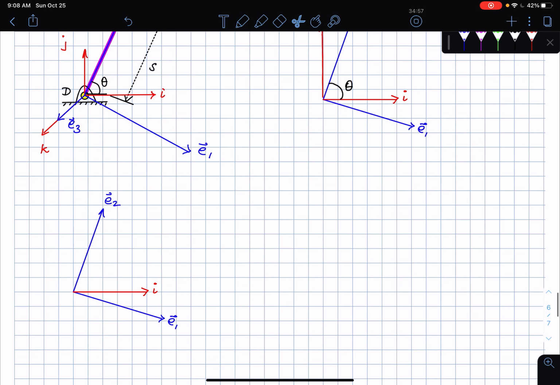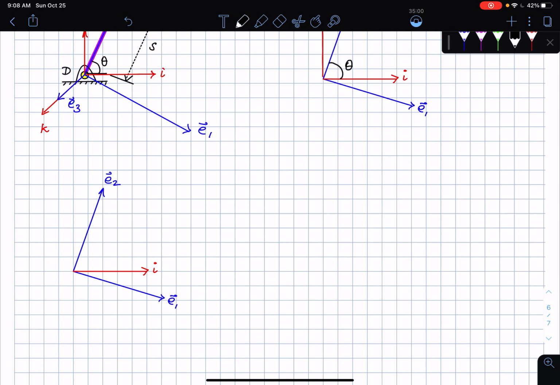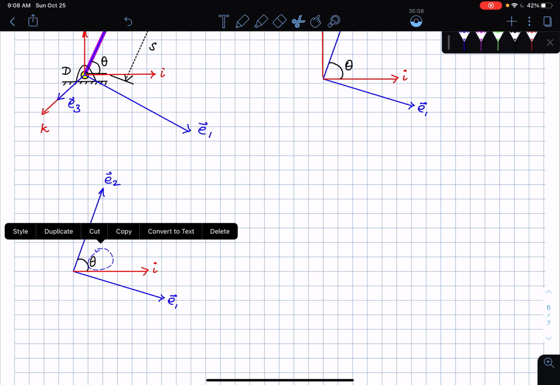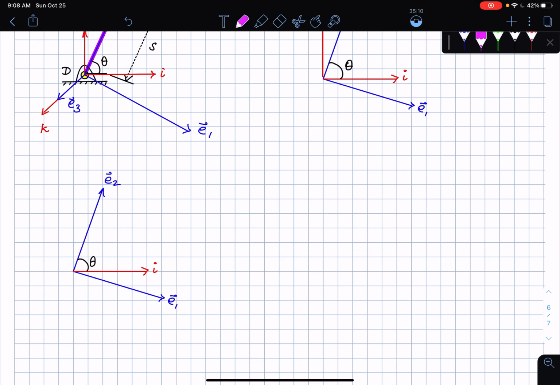Let's see. So the angle theta is given to me here. I can take the I coordinate, the I unit vector, and then drop, it has a magnitude of 1, right? We have done this in the past, but I'm just going to do it again very quickly. Drop perpendiculars on here, and then drop perpendiculars on there. It's not a straight line. Once again, not a straight line.